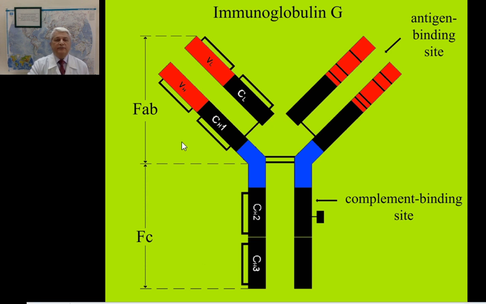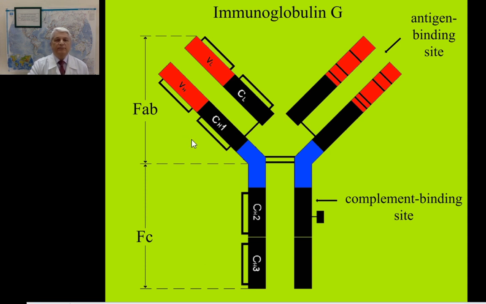Some domains have very stable primary structure, and we call them constant domains. Constant domains, because in different molecules of immunoglobulins this structure is equal.